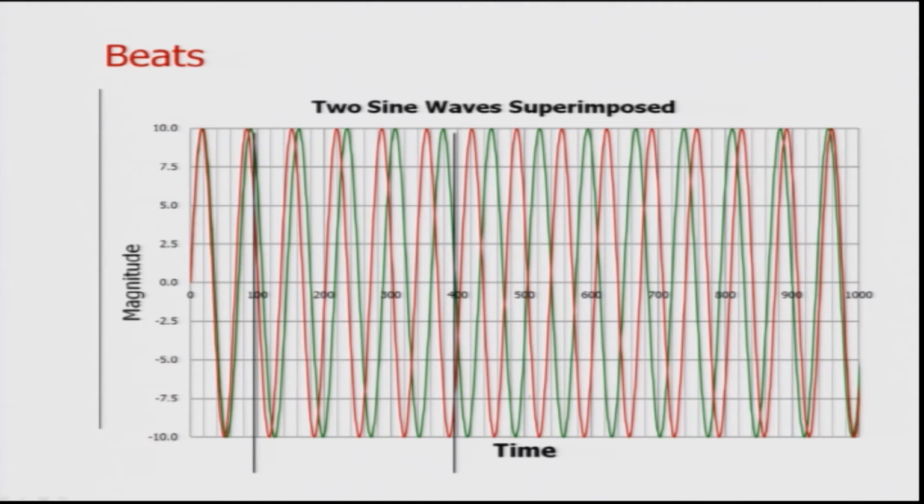In the beginning you have the two waves coinciding with each other, but as time progresses, the difference between the green curve and the red curve becomes significant, and then again it starts becoming less, and slowly it starts merging.